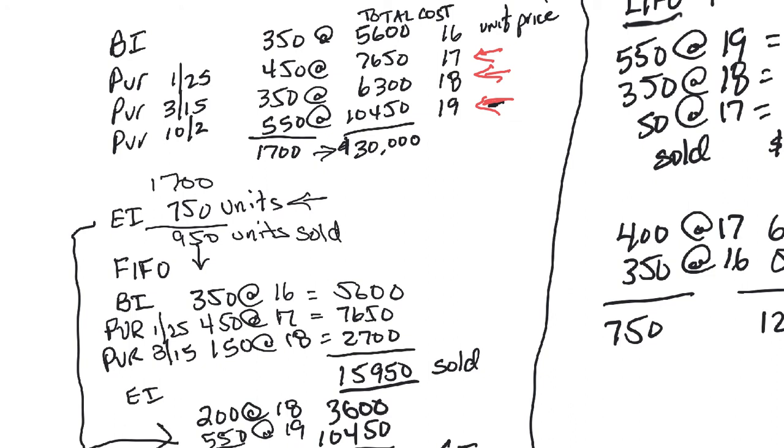Now, your problem just asked you about FIFO, but what I wanted to show you was the difference. The difference is in what we're assuming we're selling. So in one, we're assuming we're selling from the beginning to the end. That's FIFO. And in LIFO, we're selling from the end to the beginning.